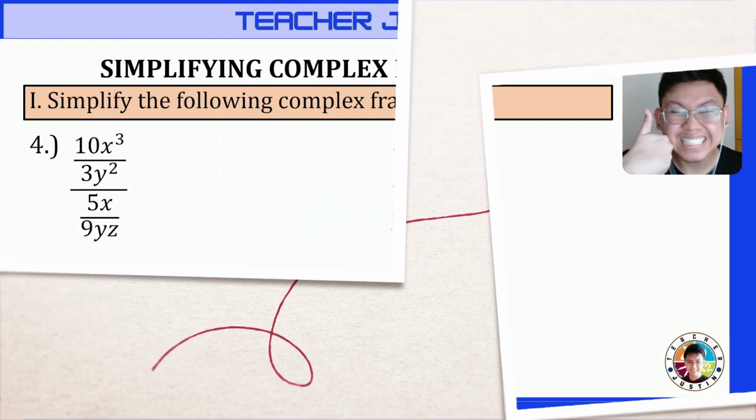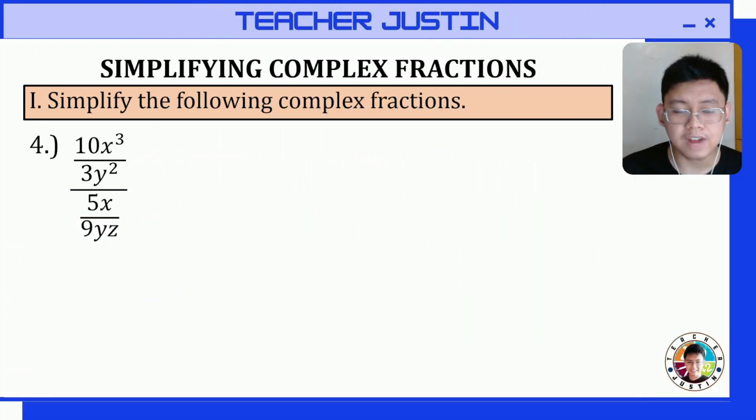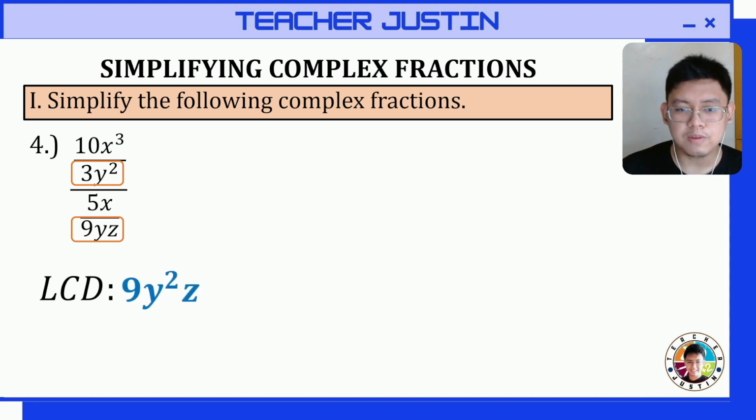Alright. Okay, let's simplify this complex fraction. So, ang first step natin is we get our denominators. So, we have 3y squared and we have 9yz. So, we get the least common denominator of our denominators. We will have 9y squared z.